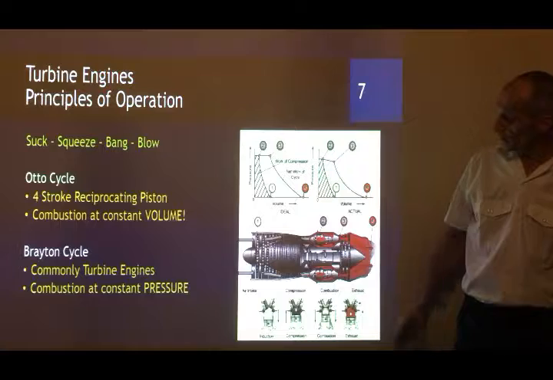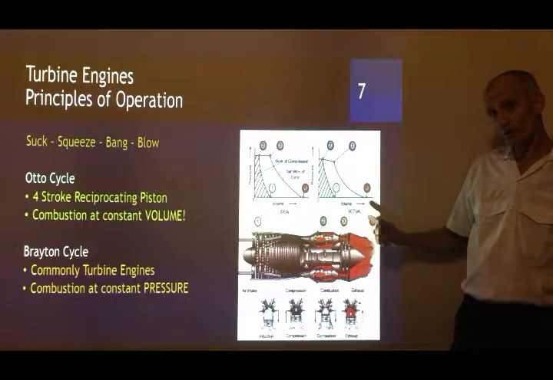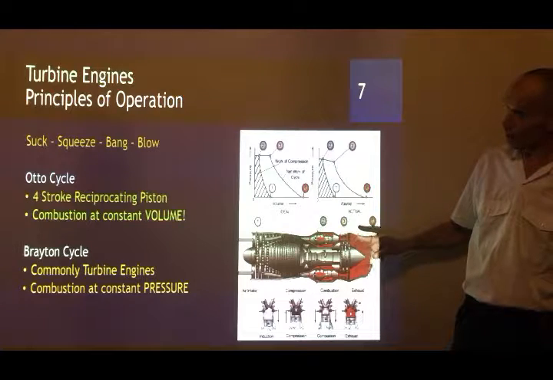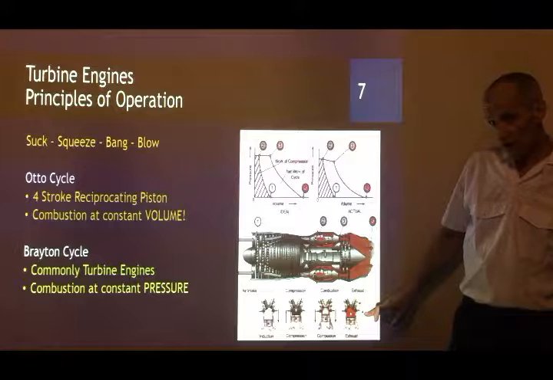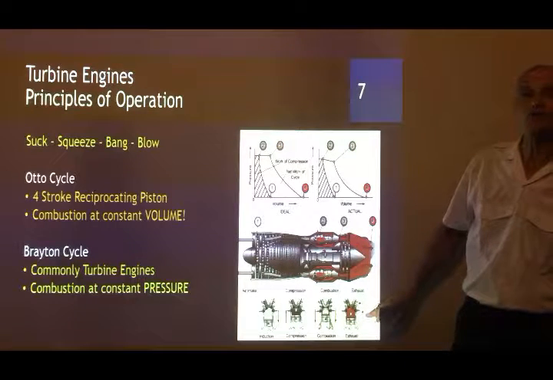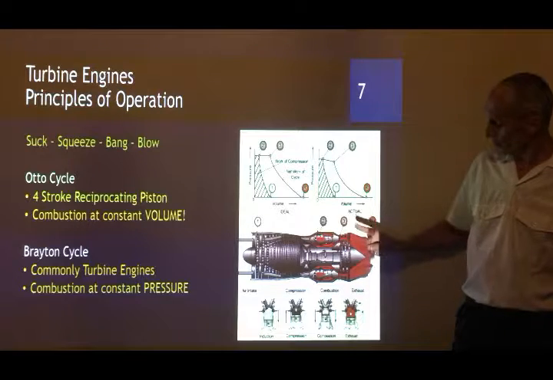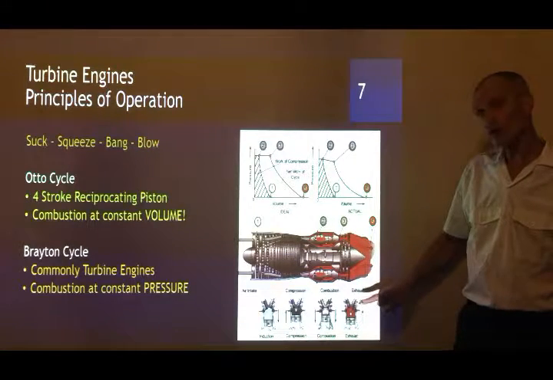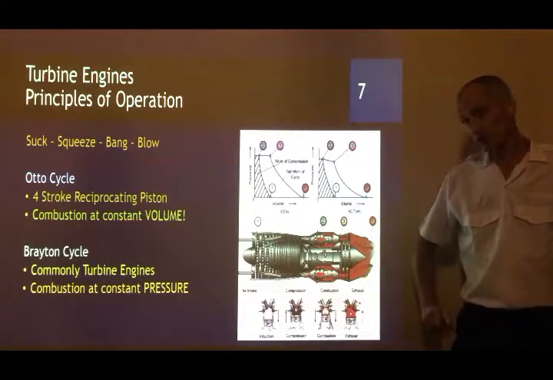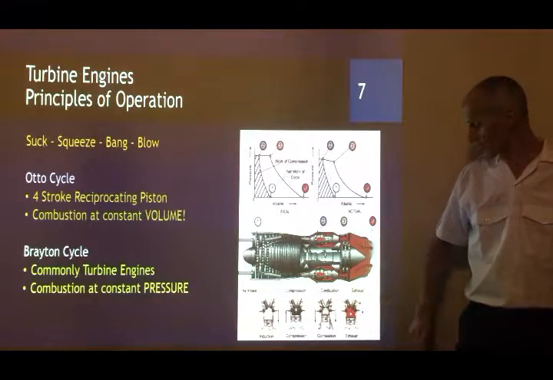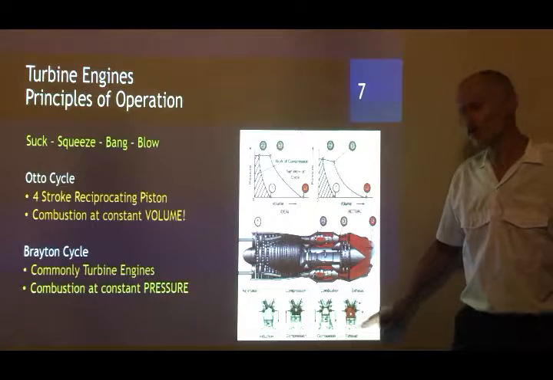The difference between the reciprocating engine here and the turbojet, the turbine engine, is that the piston engine follows the Otto cycle. This follows the Brayton cycle. Here are separate induction, compression, combustion and exhaust stages within one revolution.